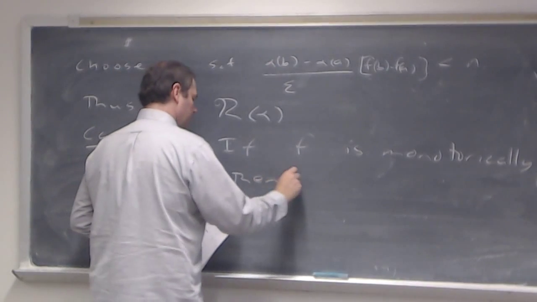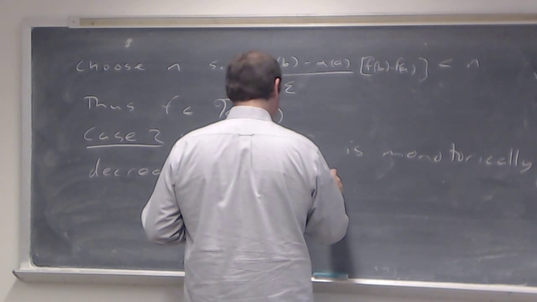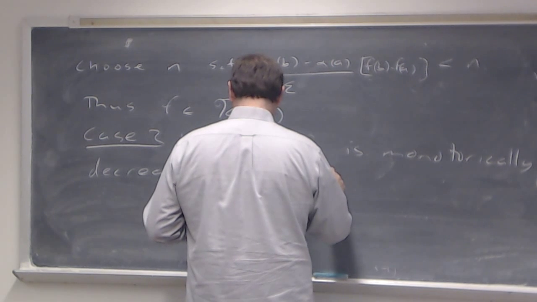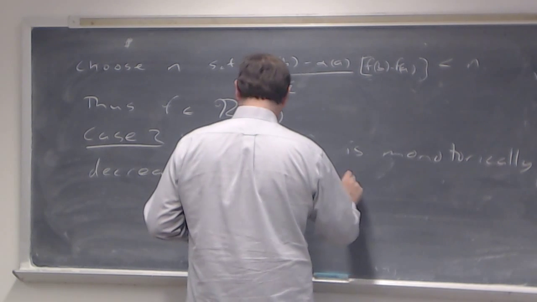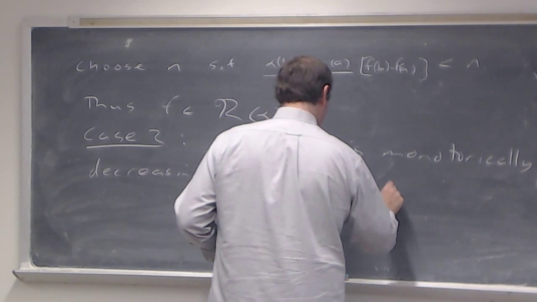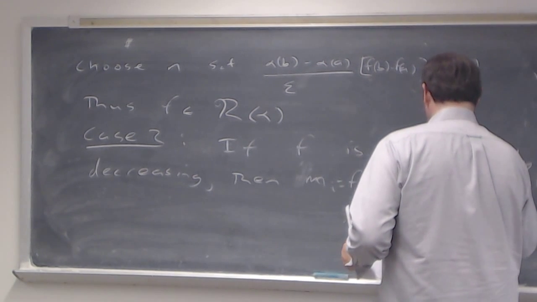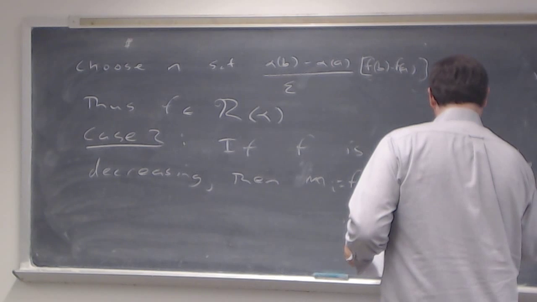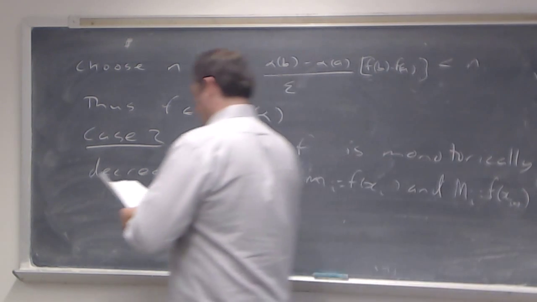Then little m sub I is equal to f of x sub I, and big M sub I is equal to f of x sub I minus 1 in that case.